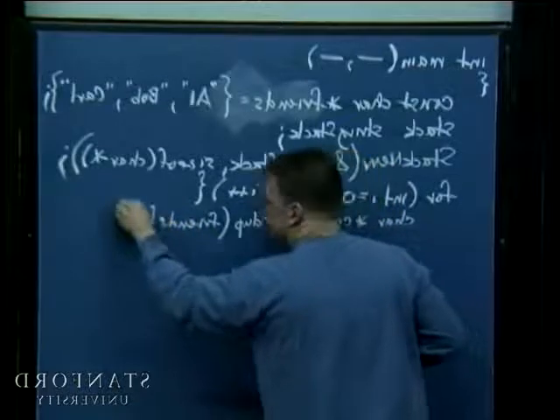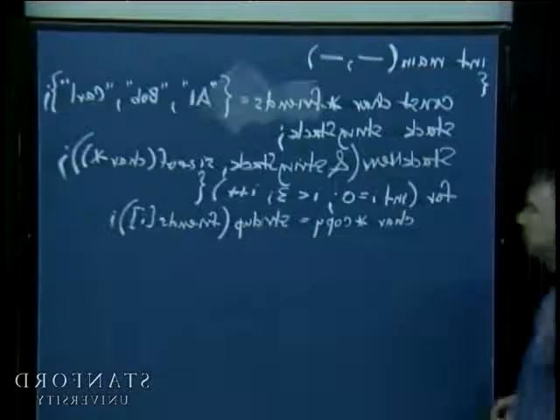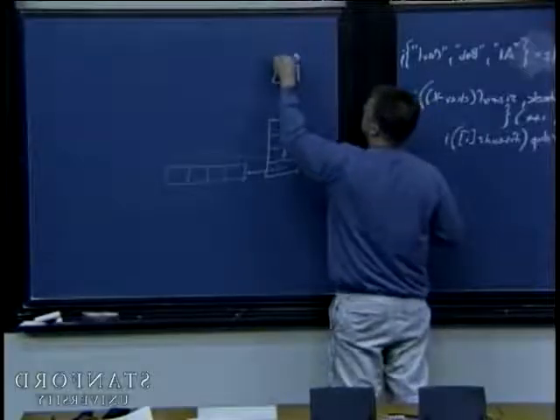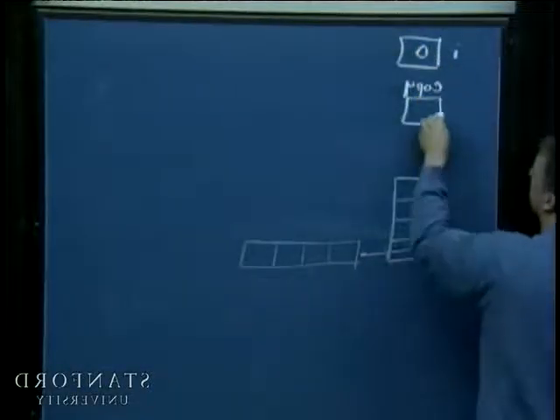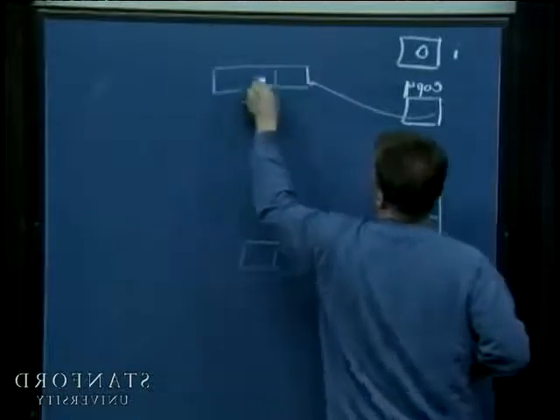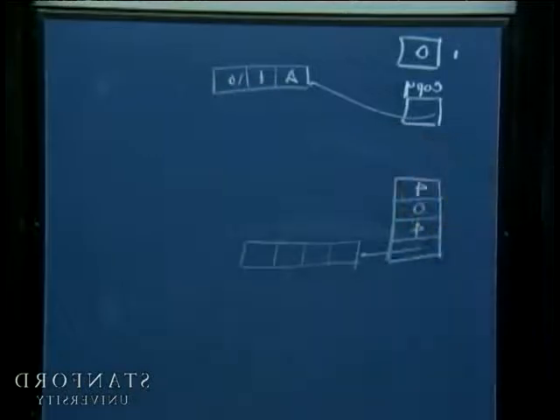This is an important enough variable that I actually want to draw it. Copy. On the very first iteration, when i is equal to 0, it is set to point to a deep copy of Al\0 in the heap.